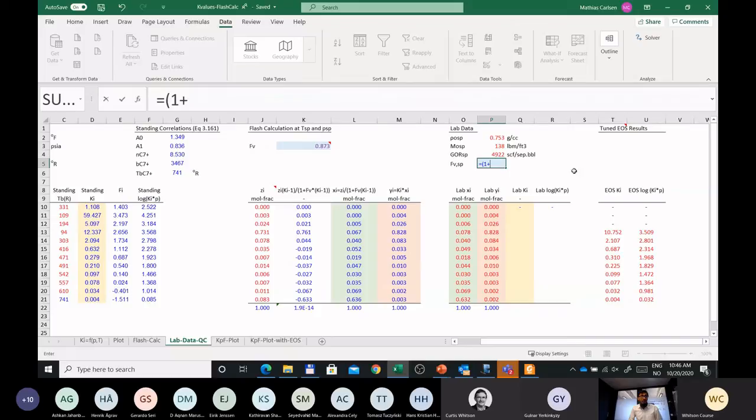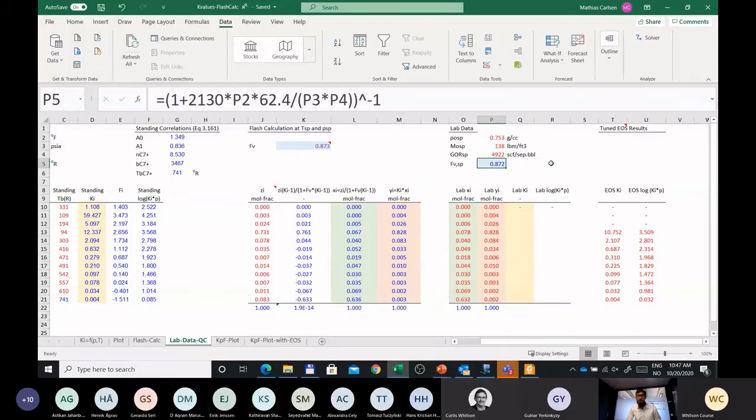That's 1 plus 2130 times the density, and the density is in gram per cc, so we have to convert it to lb mass per cubic feet by multiplying with 62.4, then divided by the molecular weight of the separator oil, multiplied by the GOR of the separator oil, and then you just do the power inverse.